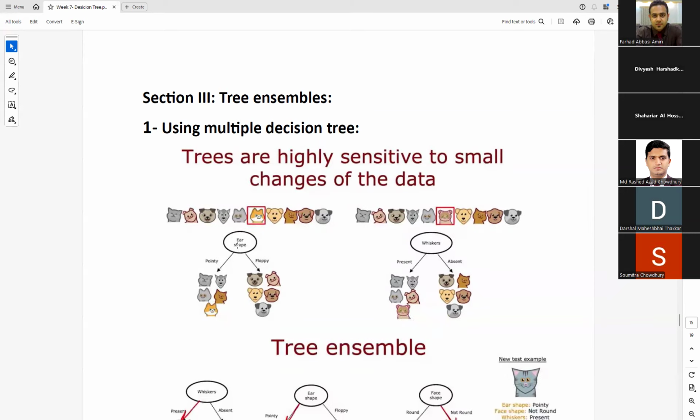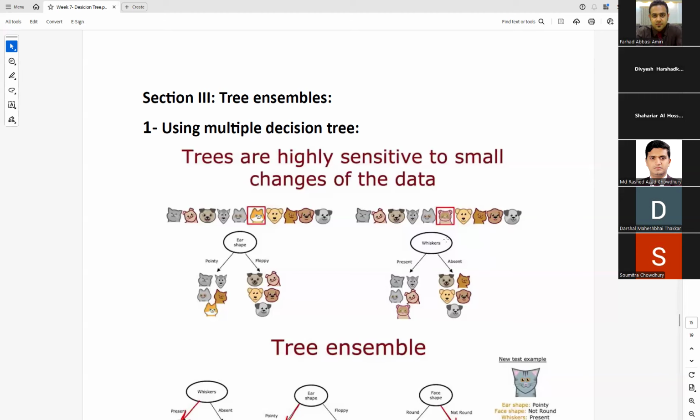For example, here, we're going to split these 10 data points on ear shape, and then we have 2 possibilities, pointy and floppy, and then we have these 2 branches, 2 classes. But if we just change this cat with pointy ears to a cat with floppy ears, and the rest of the animals are the same, then the information gain tells us that instead of ear shape, you should start with whiskers.